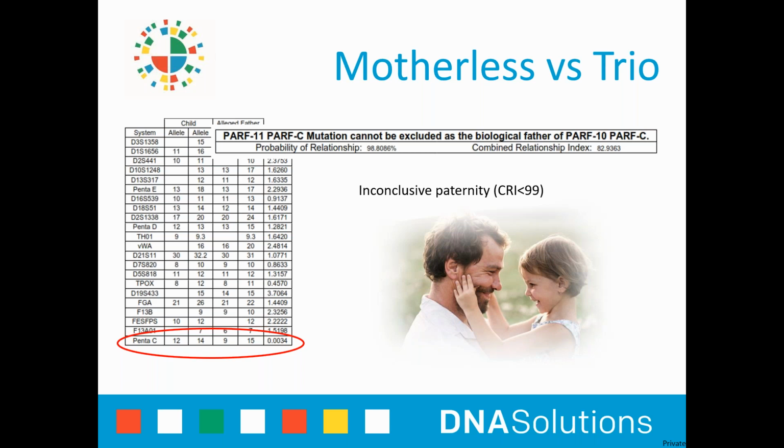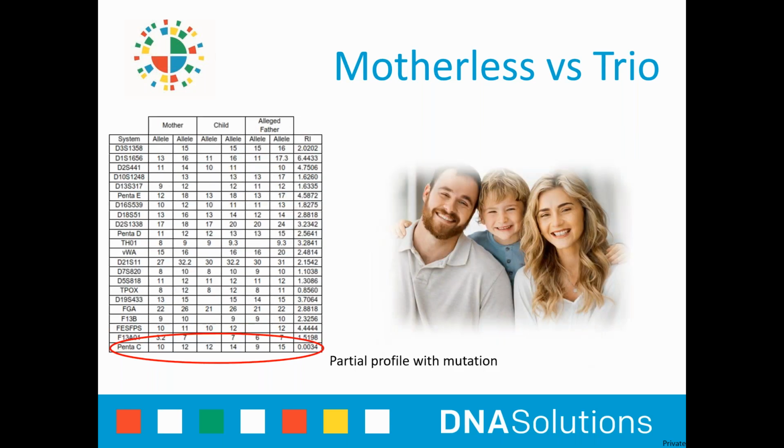This is considered inconclusive for paternity. If the CRI is less than 99, we have to release it as inconclusive, or we have to do something else. So, in this case, we have a problem. So let's see what happens when we add the mother back in. Same profile, same test, single mutation, 2 markers missing.